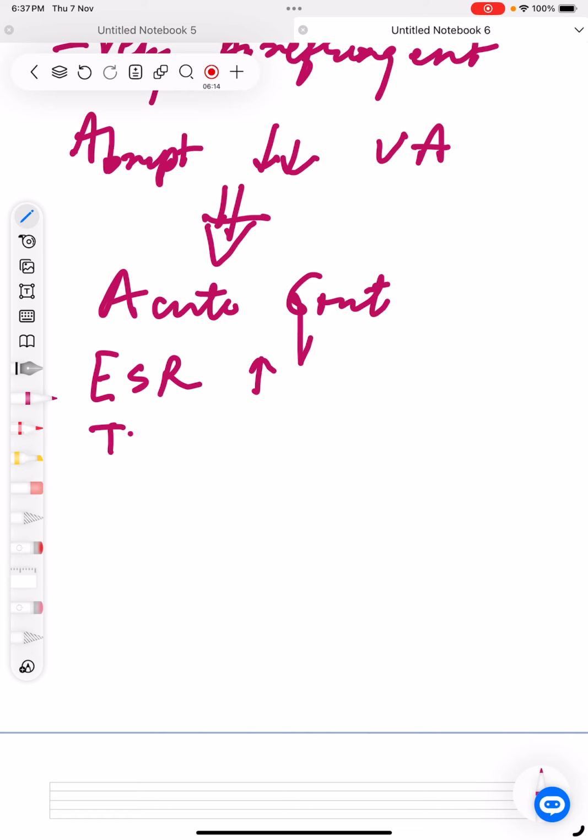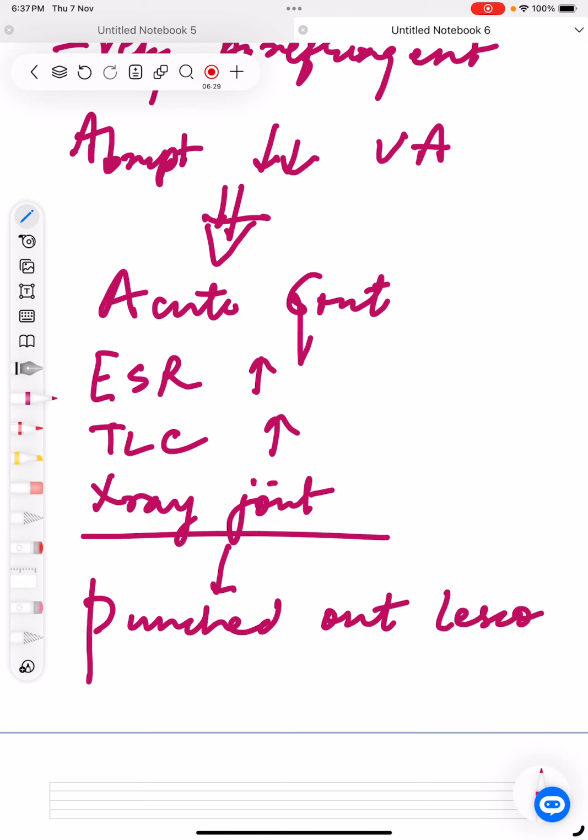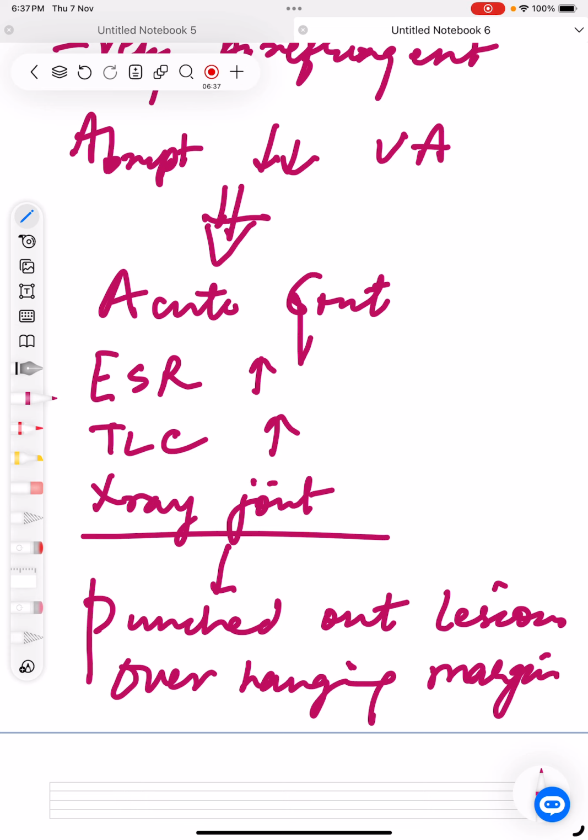If you go for TLC, again that will be raised. And if you are advising X-ray of the joint, whichever joint you want to go for, there will be punched out lesions with overhanging margins. Something like that you will see.